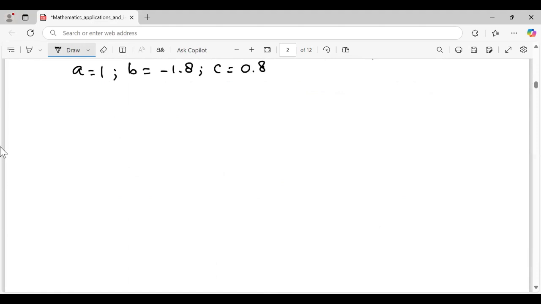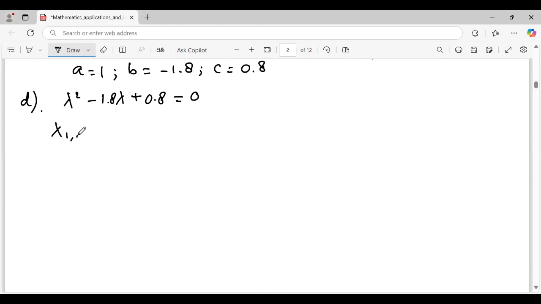To find the eigenvector, we need to set the characteristic polynomial of T to 0. So lambda squared minus 1.8 lambda plus 0.8 equals 0. We're going to find the eigenvalues first from the T expression. So A equals 1, B is minus 1.8, C is 0.8.